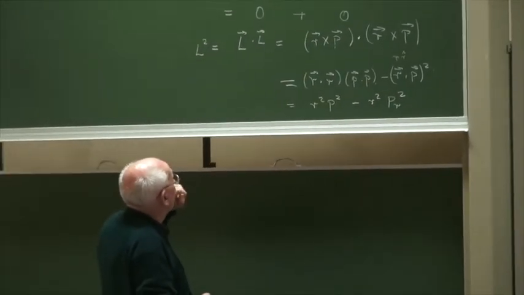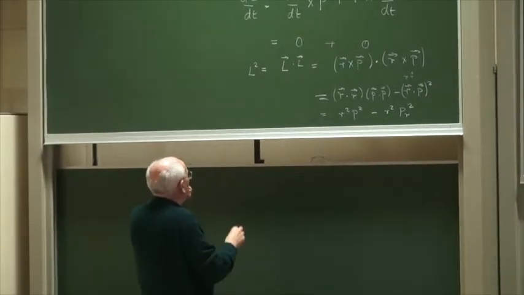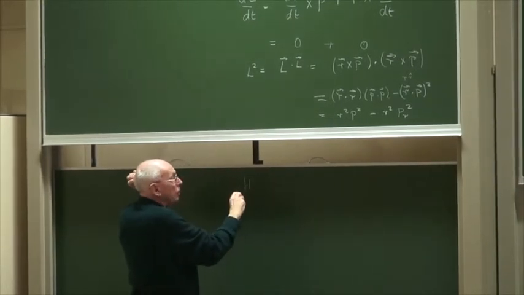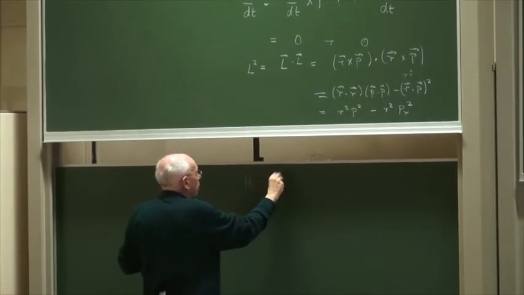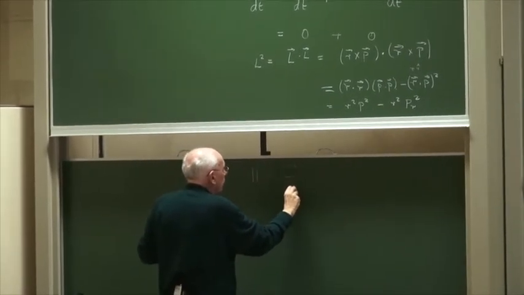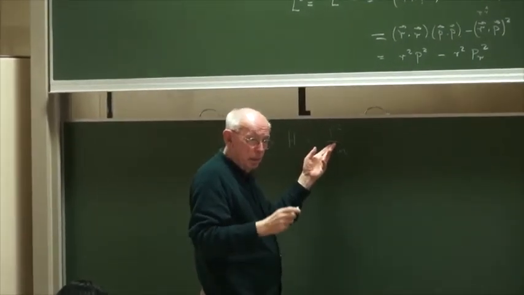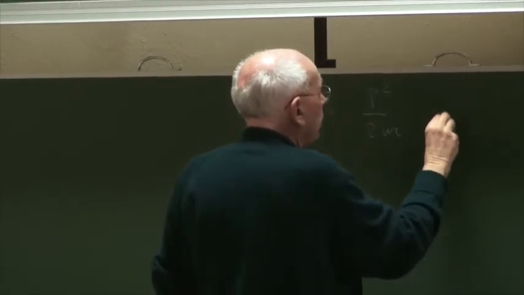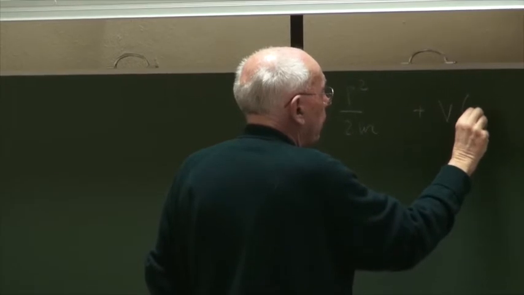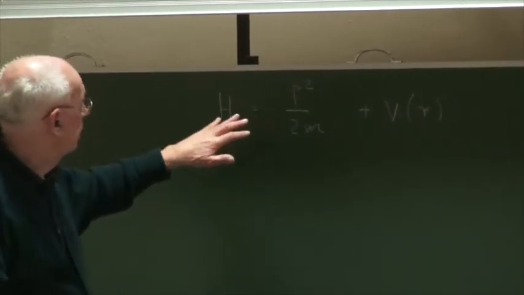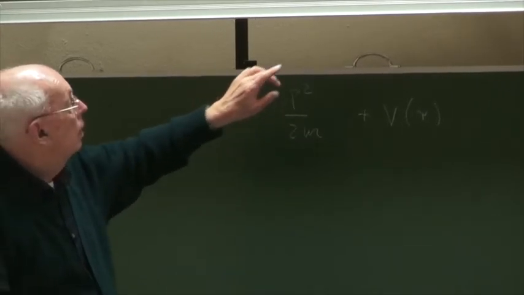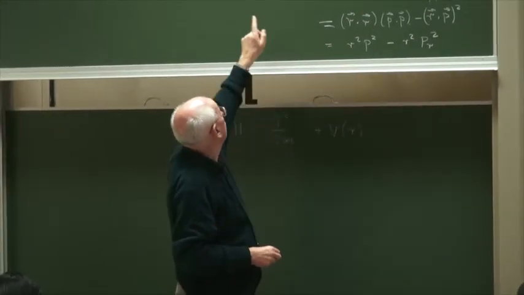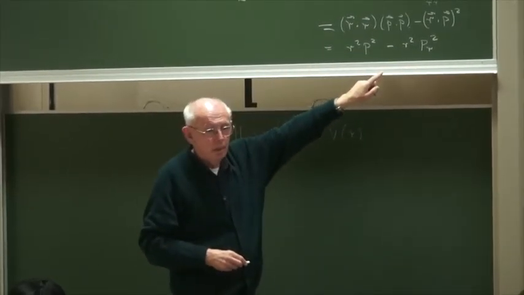And now you can see what I'm actually heading for is that I want to calculate H, and that is equal to P squared over 2m, this is now P squared as a vector squared, P squared over 2m plus V of R. This is the thing I want to calculate. Now here I have an expression for P squared in terms of L and PR.